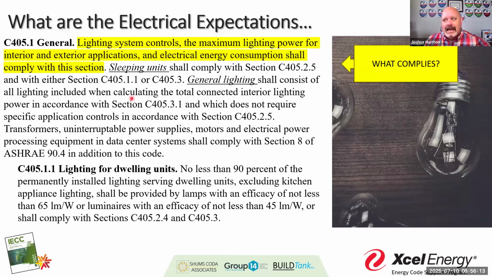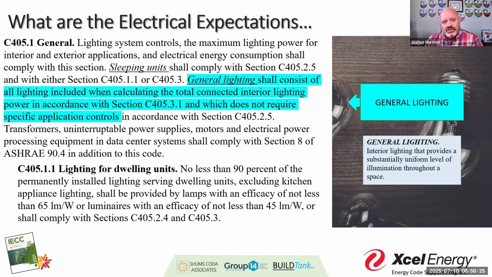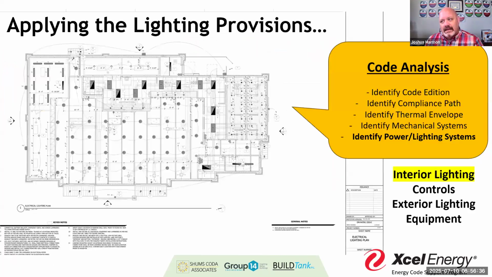But again, we're thinking about lighting, and I want to make sure that the lighting calculations are done properly. And so that if I have sleeping areas, depending on whether it's residential occupancy or a hotel, I can know what those requirements are versus the general lighting in an office building or in a commercial retail space. And so again, I need to know those lighting allowances as well as those lighting controls.